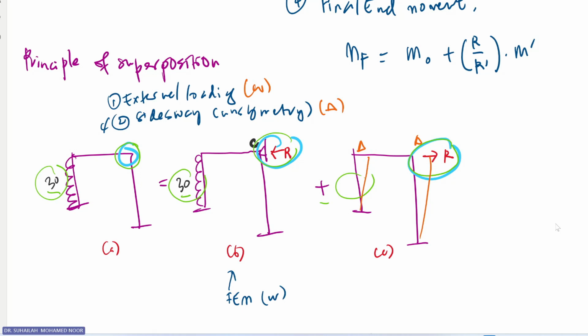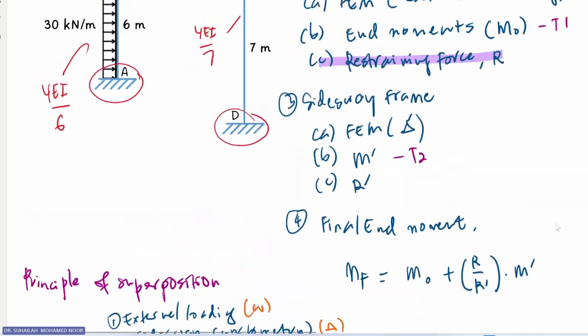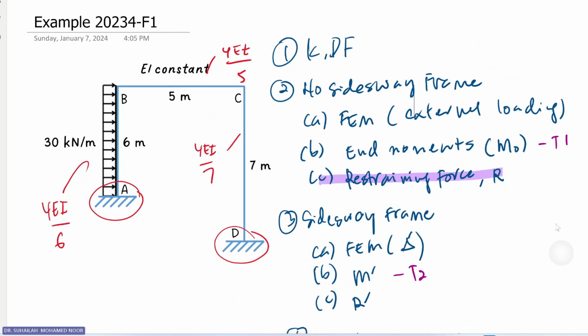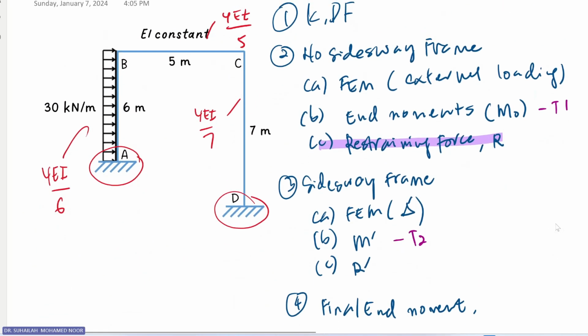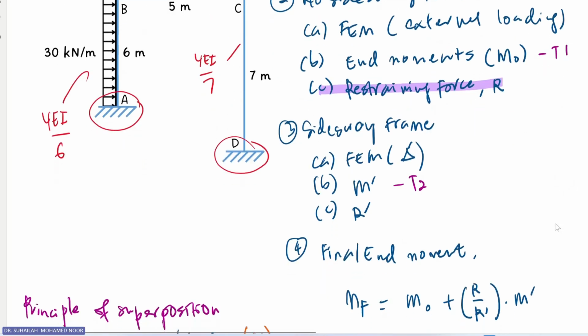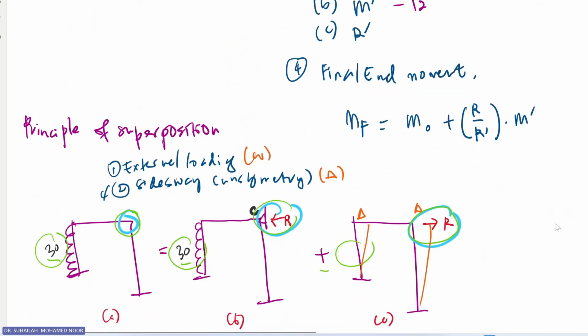A properly restrained frame is a no sidesway frame. So we will focus on diagram B for step number 2 here. The end moment from table number 1 is labeled as M0, and then we have to calculate the restraining force.